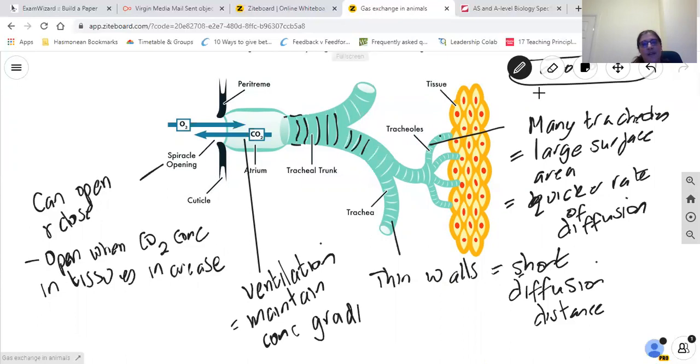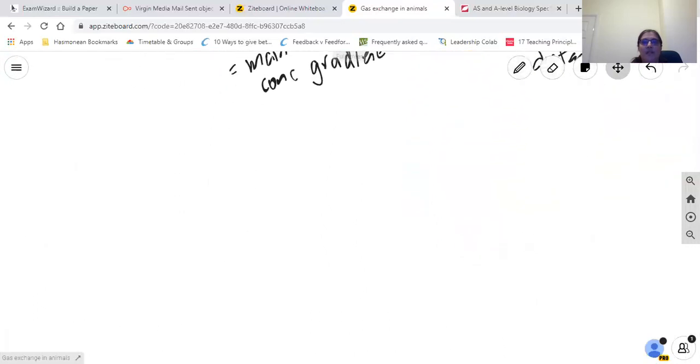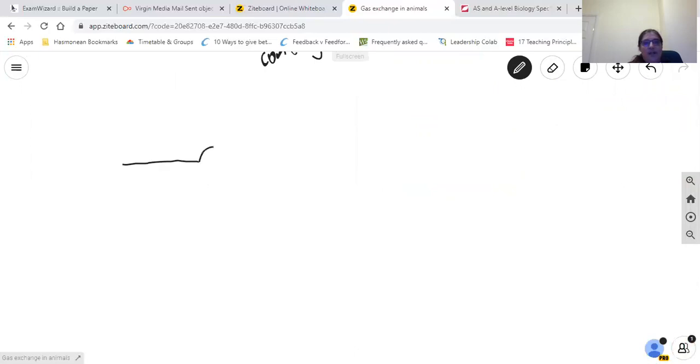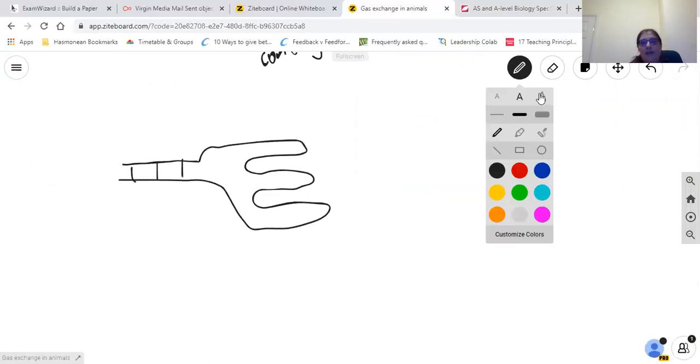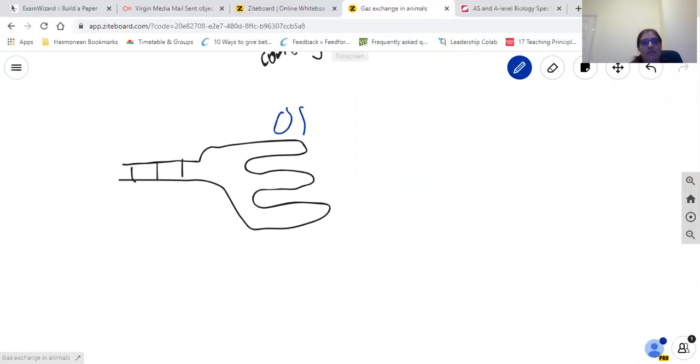But there's another neat little thing that's worth knowing about, which is the liquid that's in the bottom of the tracheoles. And I'm going to illustrate that with a diagram underneath. So if we have our trachea coming in, then we have our tracheoles, like so. And then we have our tissue, which is around here.